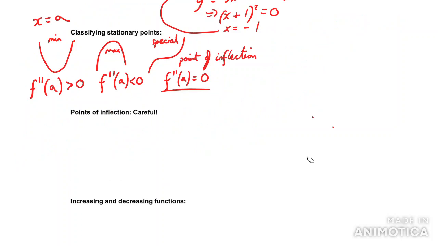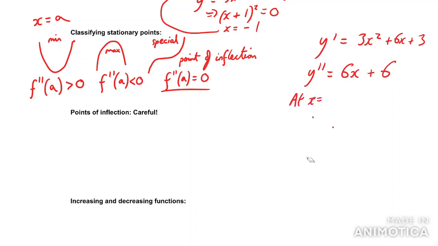So let's see how to apply that classification to our example. We know that y dash is 3x squared plus 6x plus 3, and so y dash dash must be 6x plus 6. And so at x equals minus 1, we get that y dash dash equals 0.